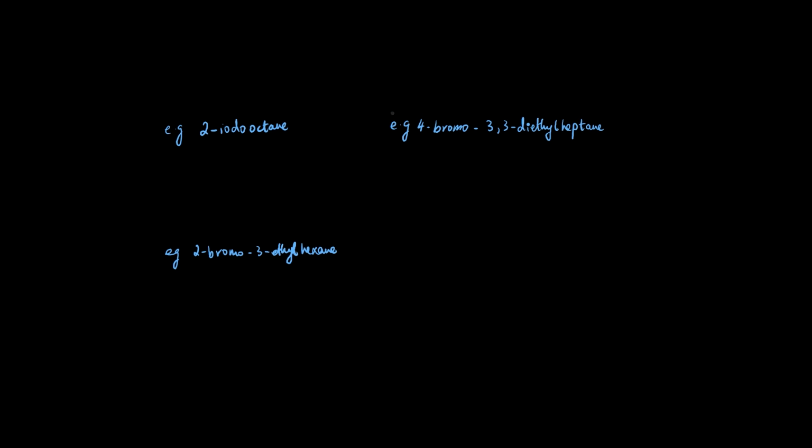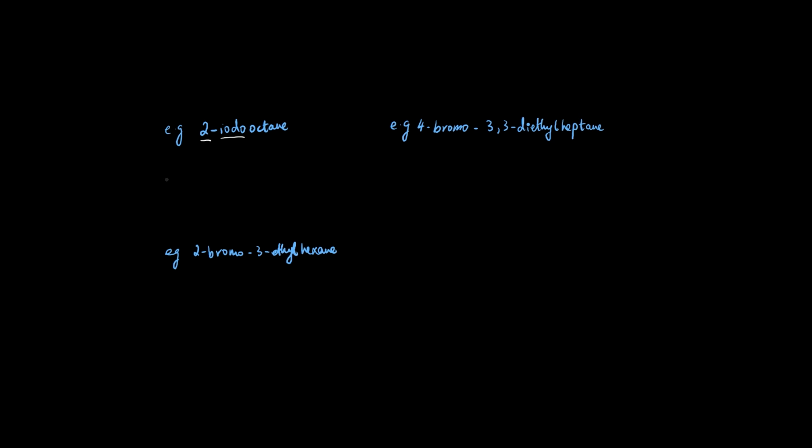Now what if we go reverse? What if the name is given to us and we have to draw the structure? Now let's look at this. 2-iodo-octane. What does this mean? It means that the longest carbon chain must be of 8 carbons, and it means that the second carbon must have an iodine.